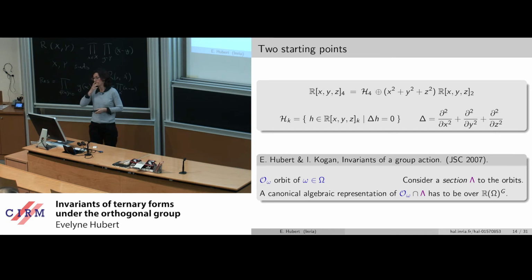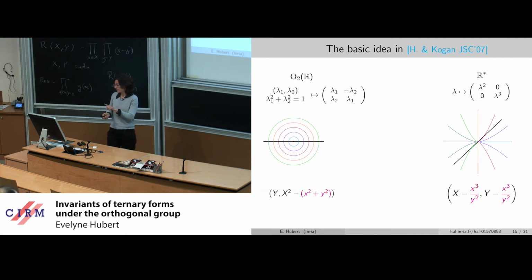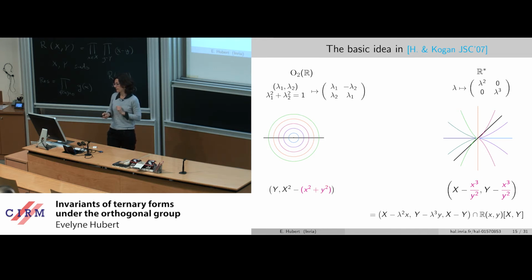Some sections are better than others. And the natural section for the action that we have here had this additional invariance property under a subgroup, and we were trying to use exactly this property to help us produce these invariants. Those are the key ideas of this algorithm, and I'm not going to go through that.